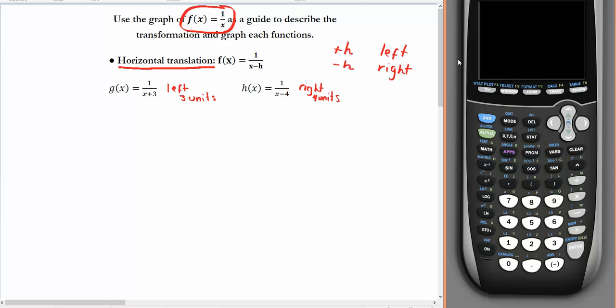First of all, we know that f of x equals 1 over x looks like this. This is the horizontal asymptote. This is the vertical asymptote.